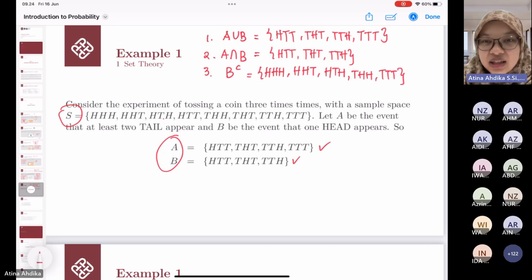So the complement of an event is all the outcomes in the sample space that are not in that event. Not just comparing with A, but you have to compare with the sample space. Can you get it? Or I will ask Afif, maybe can you get it with this third question?